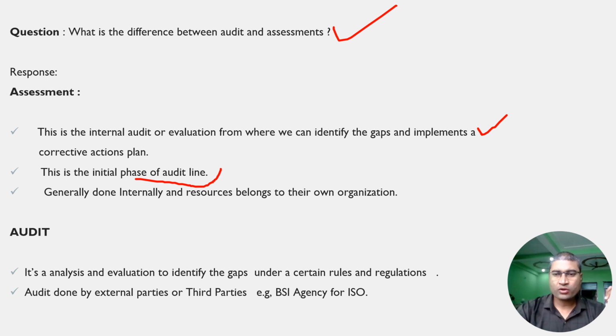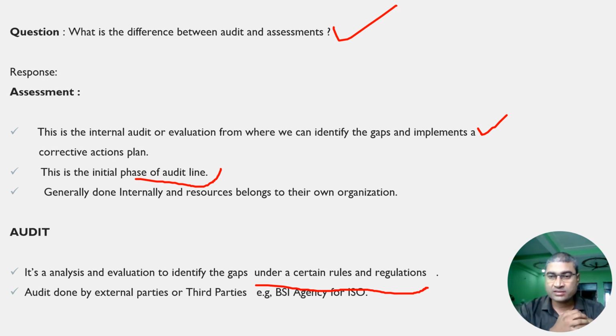But if we talk about the auditing partner, then it's an analysis and evaluation to identify the gaps under certain rules and regulations. Very important, under certain rules and regulations, right? Rules and regulations applicable if we are performing the audit, right? Because audit we are doing under the umbrella of some standards, right? Second point is audit done by the external parties or the third parties.